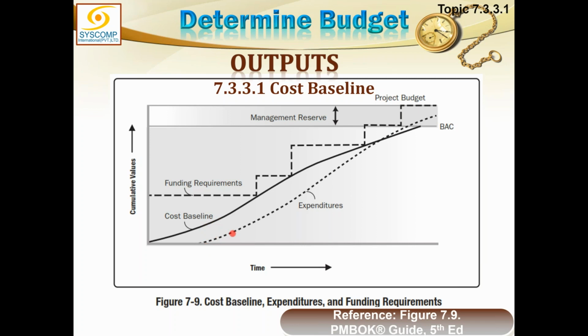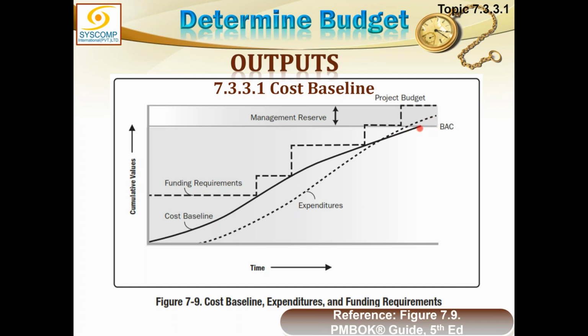So you should keep taking measures while you are doing your project, and your expenditures will be shown here, and you will try to come up to the level where your S curve is. As soon as you touch your S curve, that means you have caught up with it. But then your project, because it started late, is going to extend beyond time and therefore may require more funding. And that's why this new line, the dotted line, is not ending where the BAC is.